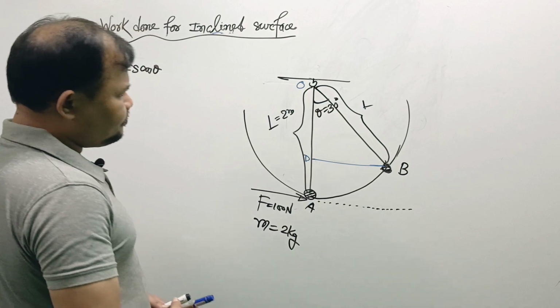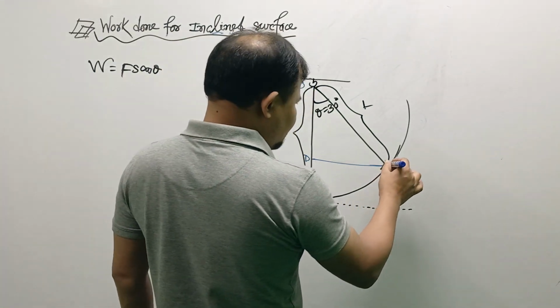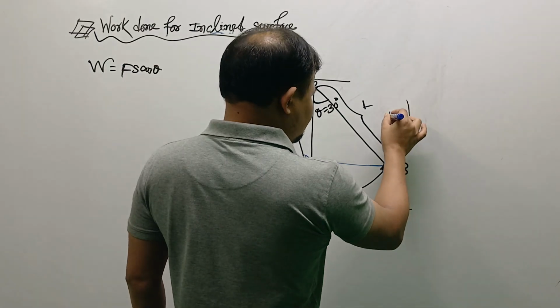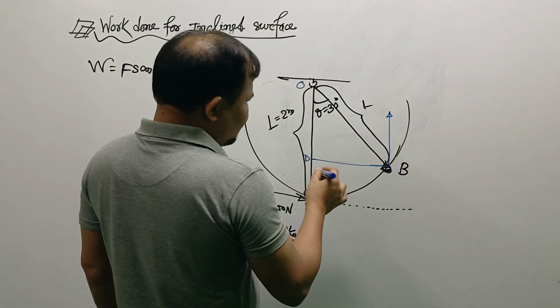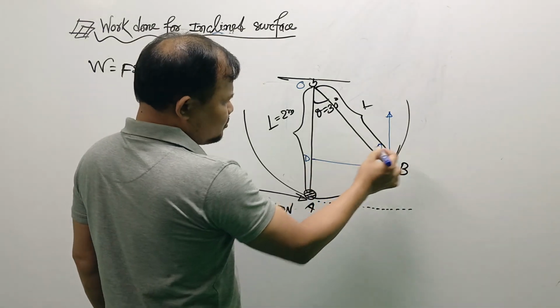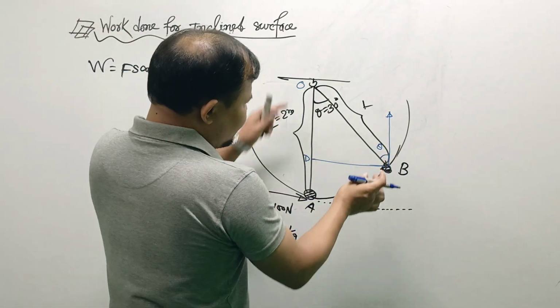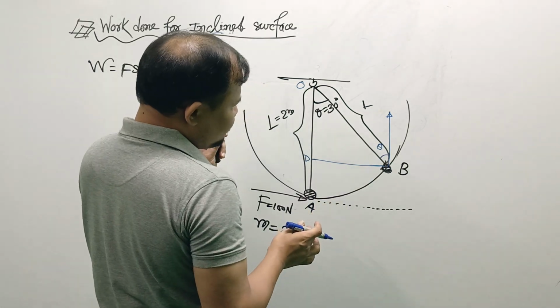Now you just try to understand what actually happened here. Suppose if this angle is theta, this is also theta. Now we can divide L into two perpendicular components.